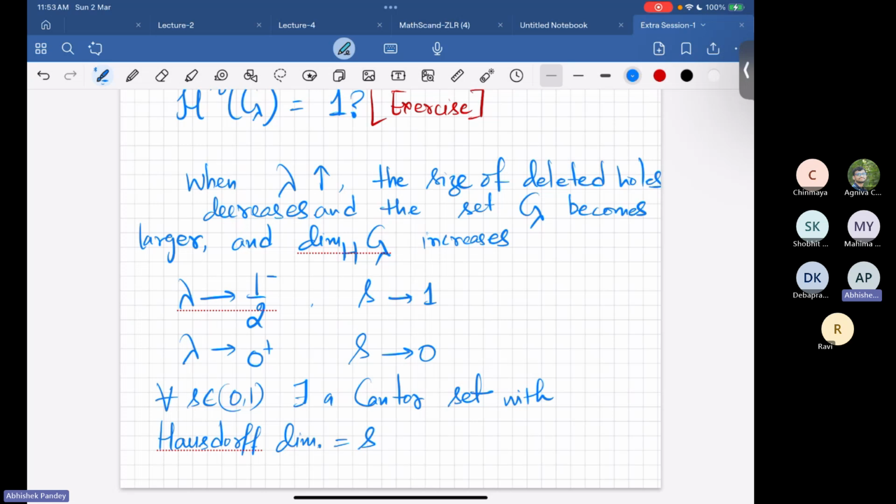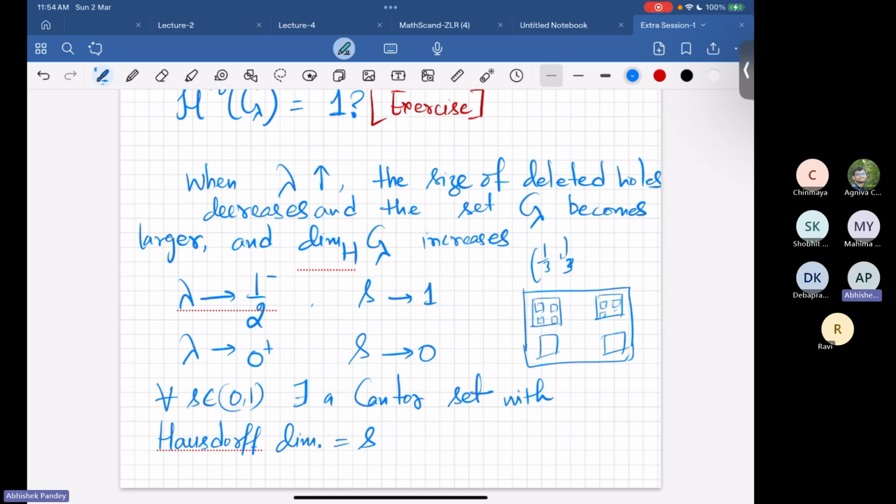This is one such example, and there is a notion of generalization of this Cantor set. Basically, we will not take a fixed sequence of points. For the Cantor 1/3 set, the sequence is 1 by 3, 1 by 3 square, and those things. We will take a general sequence of numbers in (0, 1) through which we define the Cantor set. Also, there are generalizations of Cantor sets in higher dimension in R^n. We take a square and start removing squares in the middle, and then again in each remaining piece we remove some squares.